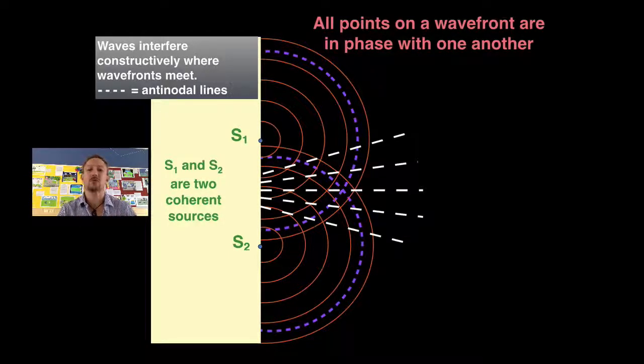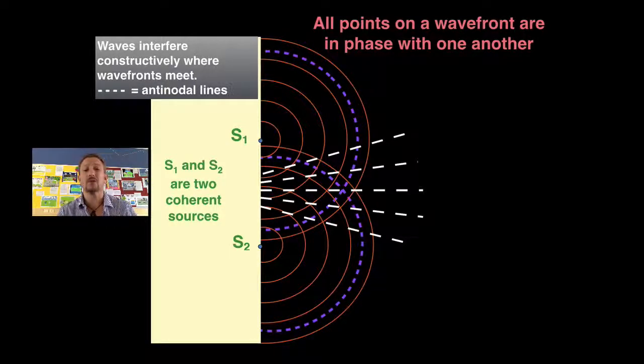I've only drawn 2 crests in there, one from S1 and S2, simply to show what's going on. Otherwise it gets very confusing and a bit messy. But what I'd like you to understand is that on that first line, there is a crossover between the 2 crests. So these lines of antinodes show that we've got high amplitudes of crest meeting crest and trough meeting trough.